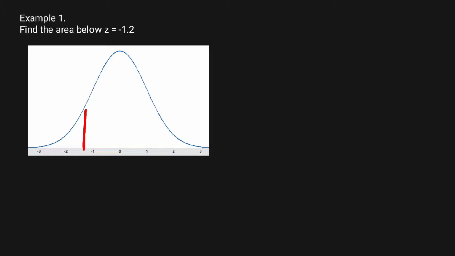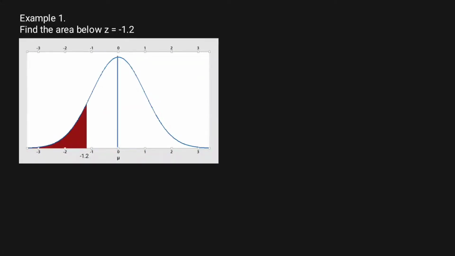Then shade natin, area below. Pag sinabing below, to the left yon. So ito yung hinahanap natin na area, below z equals negative 1.2. Ayusin lang natin yung graph. So yan na yung graph natin, z is negative 1.2.